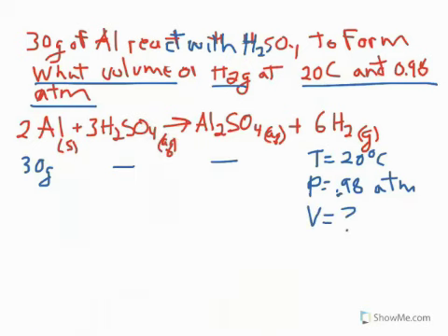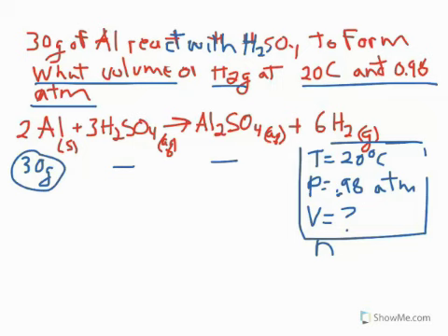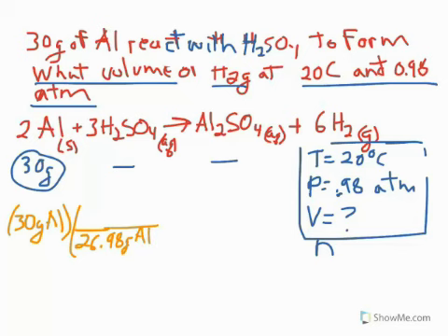Okay, now we need to figure out how to proceed. So when I look at this, I notice that I can't quite use the PV equals nRT rule because I don't have n. So that's what I've got to get, and I'll get it from here. So I take my 30 grams of aluminum, and the molar mass of aluminum is 26.98 grams of aluminum per mole of aluminum.